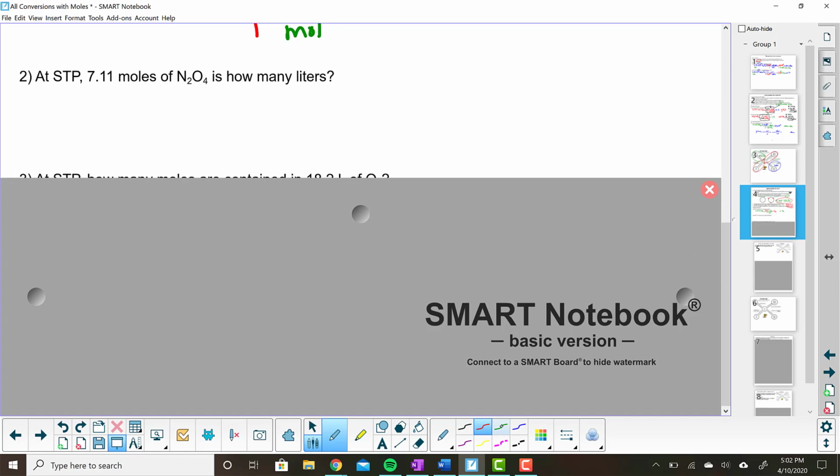Okay, let's do another example. Now it says at STP, remember STP stands for standard temperature and pressure, I have 7.11 moles of N2O4, and I want to convert that to liters of N2O4.